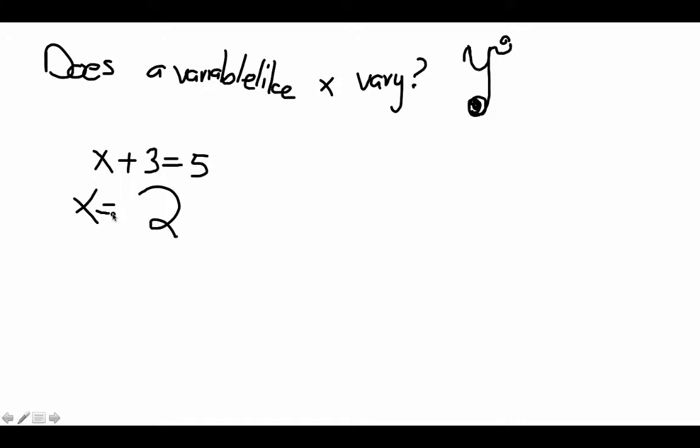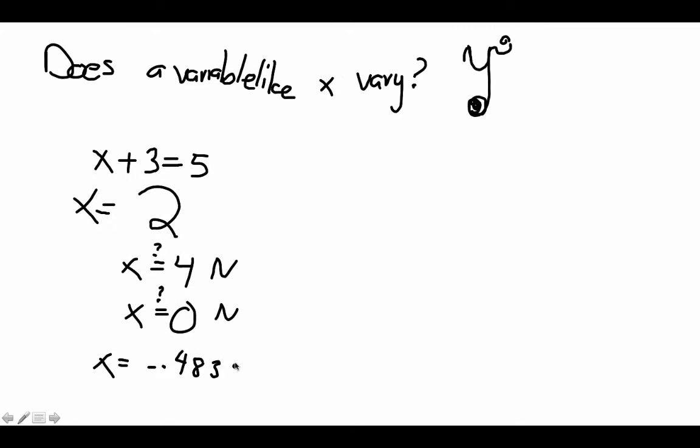And I said, all right, is x equal to 4? Is this true? People said no. Is x equal to 0? Nope. Is x equal to negative 0.48395? People said no. All right, well then where's the variation?